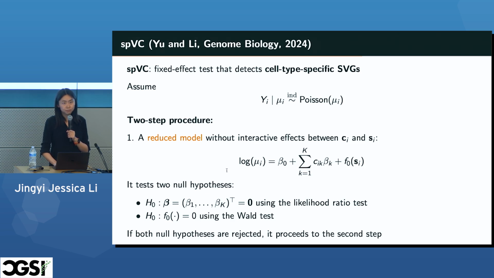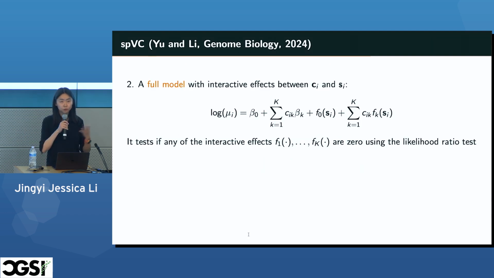In the first step, they test whether both terms have non-negligible contributions, whether beta is 0, whether f0 is 0. If both null hypotheses are rejected, it moves on to the second step, which is a full model. In the full model, they added this additional term. This fk, which is a function of the spatial location Si, is within cell type k. So each cell type has its own function.